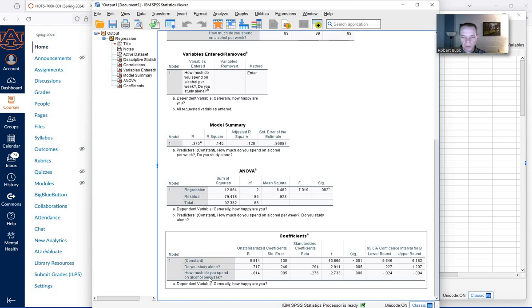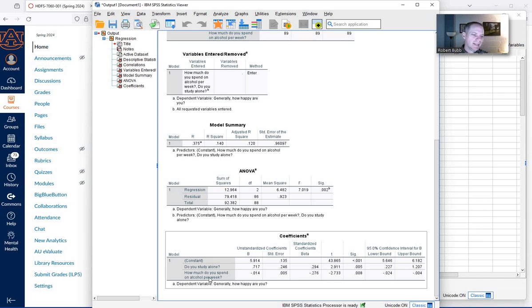And so when we're interpreting this particular unstandardized coefficient, we're saying for every 1 unit change in the predictor, so in other words, for every $1 spent on alcohol per week, how much would we expect happiness to change? So for every 1 unit change in your predictor, what is the impact on the outcome?